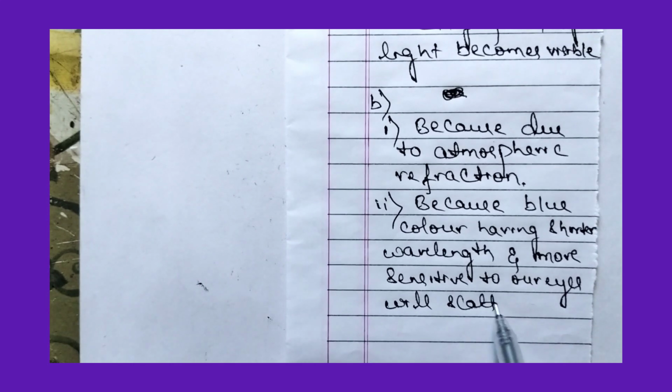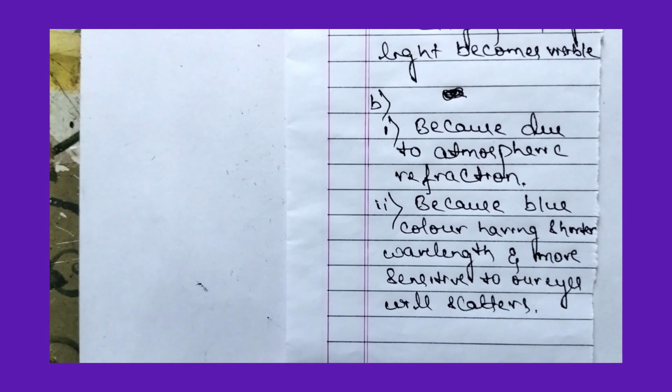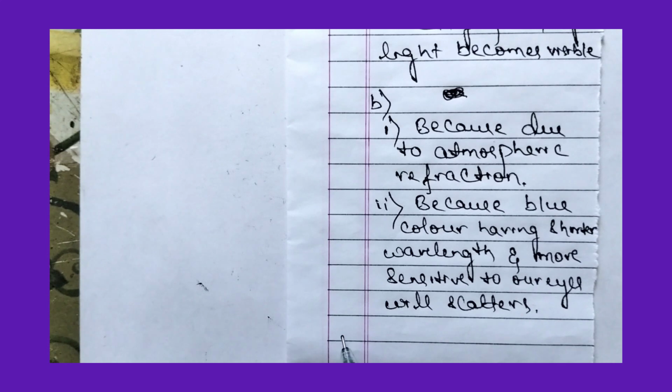Therefore the sky appears blue. So this is the answer for why the color of the clear sky is blue, and this is the answer for the 34th question. Now let us move to the 35th question.